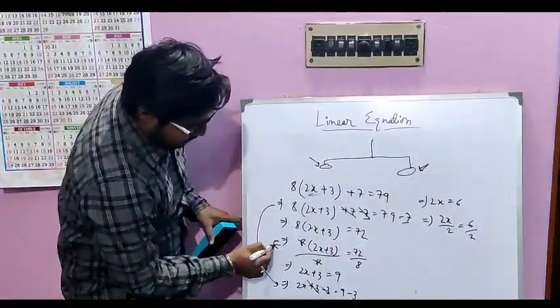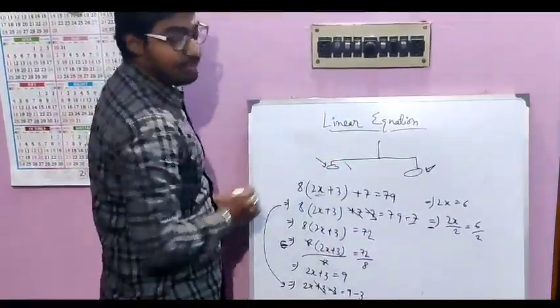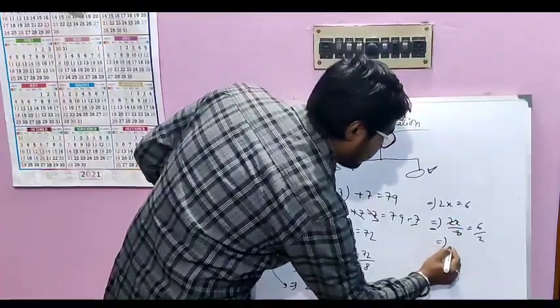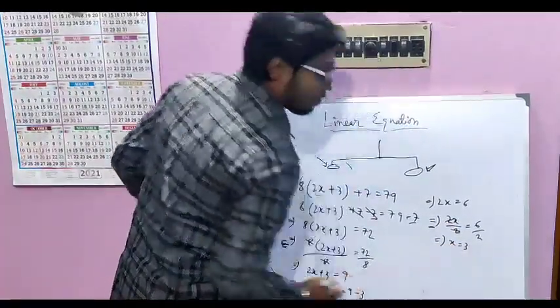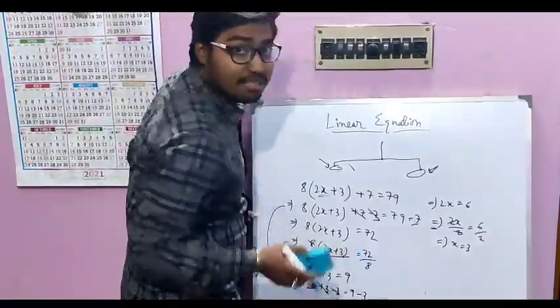Same step, with the same concept of beam balance. Now we have found the value of x, that is 3.